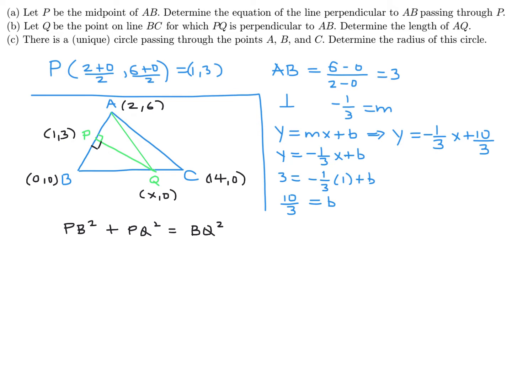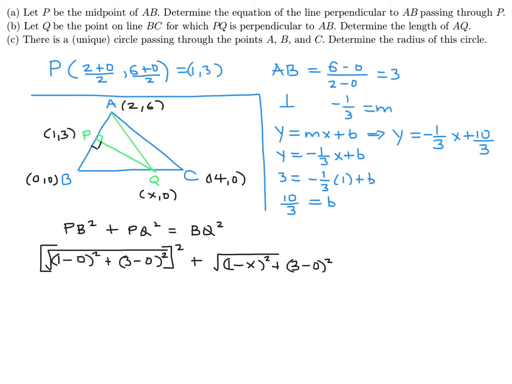Okay, so using the distance formula, PB would be the square root of (1 minus 0) squared plus (3 minus 0) squared, and then of course we're squaring that because it's PB squared. PQ is the square root of (1 minus x) squared plus (3 minus 0) squared, but then of course you're squaring that.